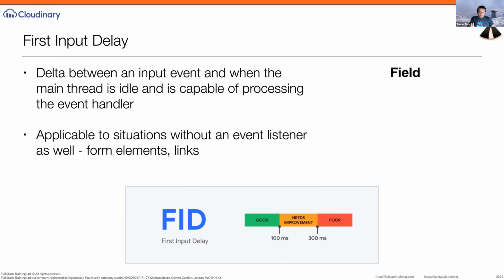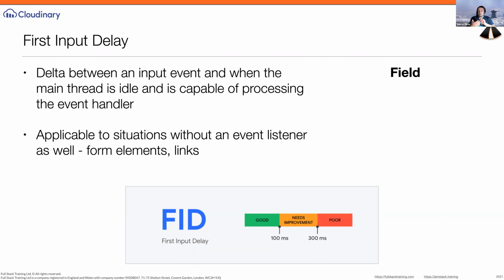Now, there's one more note here that, I said an input event. So it's not just event listeners that you need to remember. Tapping on form elements or tapping on links are also considered events that they measure for first input delay. So a very simple site that just has an input box to type in maybe your username.